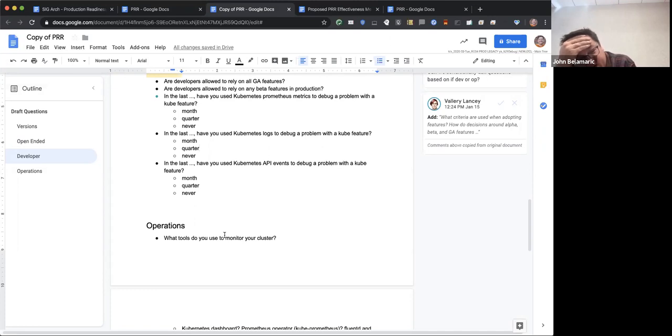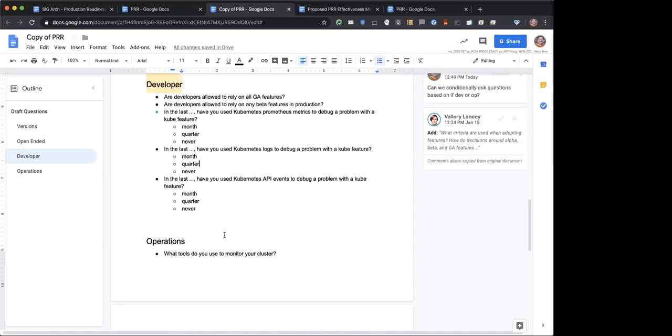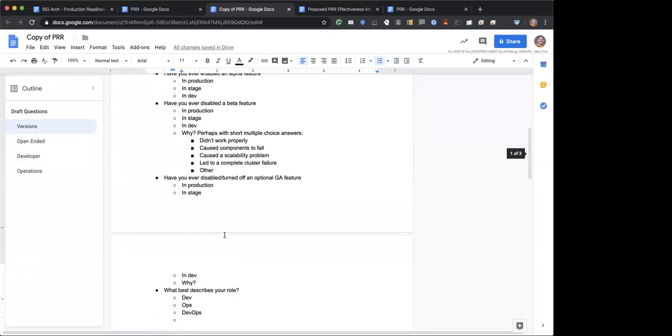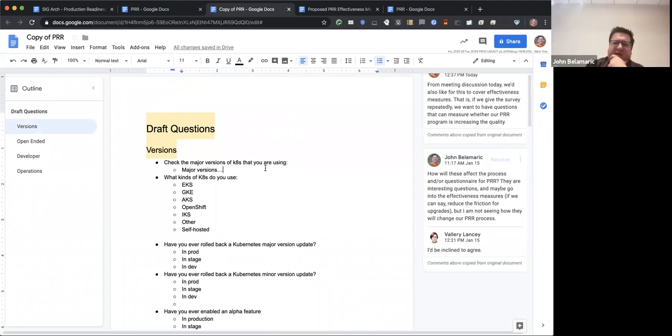Okay, I can see adding a question about that. How many clusters do you interact with? How many clusters do you manage? How many clusters and what total number of nodes in those clusters?